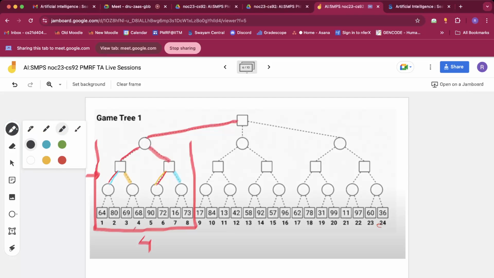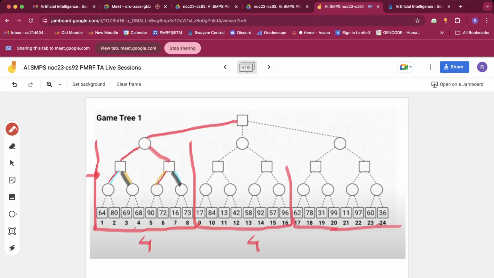And if we choose this and this, that is another strategy. So a total of 4 strategies for this subtree alone. Similarly, for this subtree we will have 4 strategies, and for this subtree also we will have 4 strategies. So a total of 12 strategies are possible in this game tree.